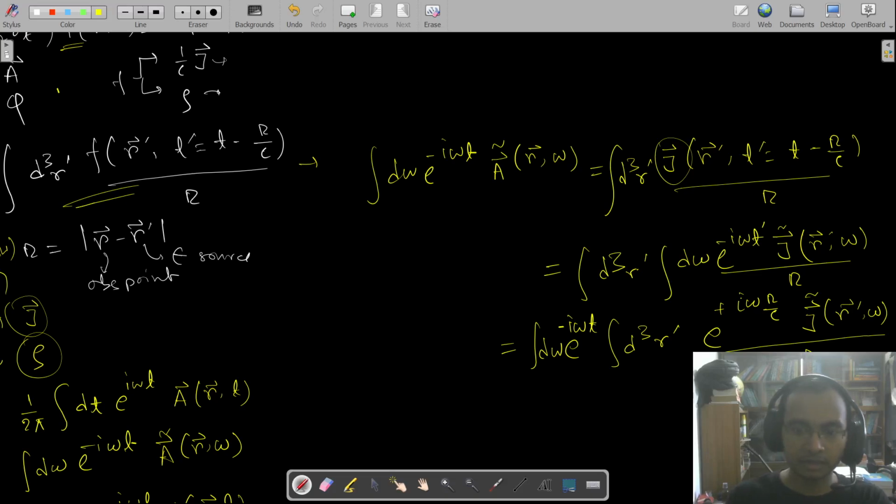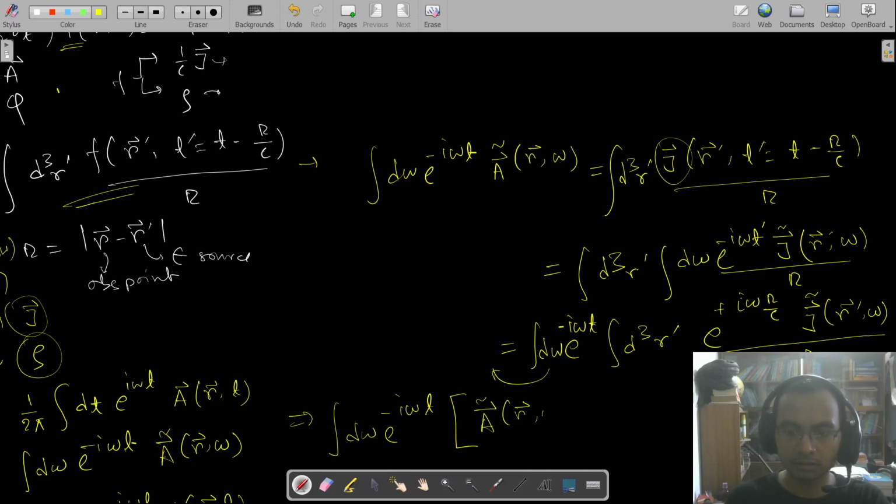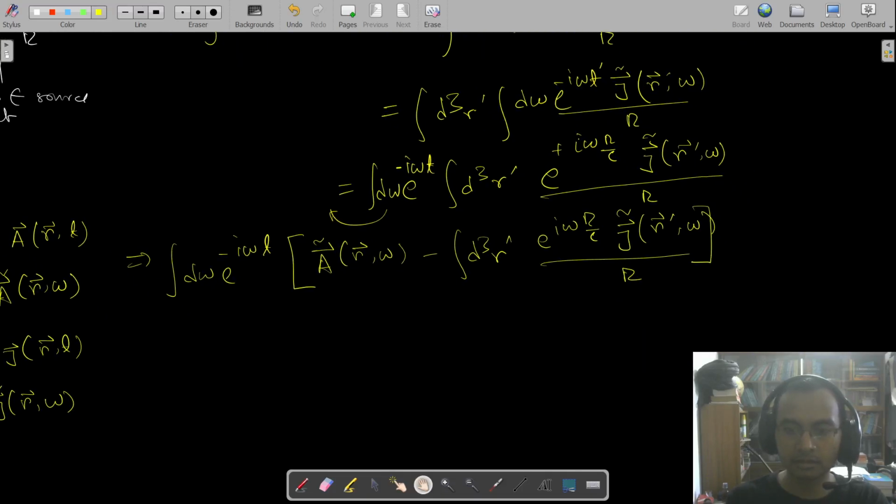Right. Now take this thing to the left and collect the terms. We have this volume integral, and this thing turns out to be 0. Right.